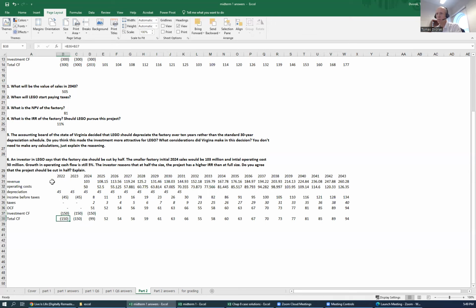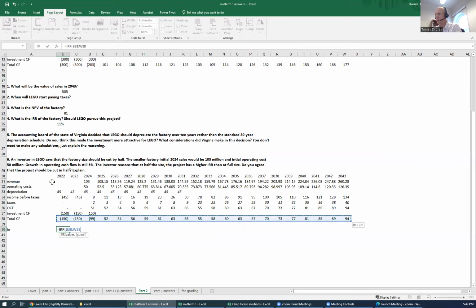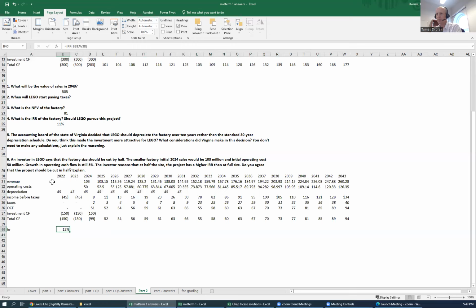So this is a smaller project. Now we can definitely calculate the IRR of all this cash flow. It's 12%. So the investor is correct that this gives us a higher IRR.